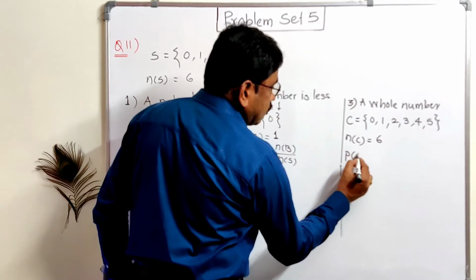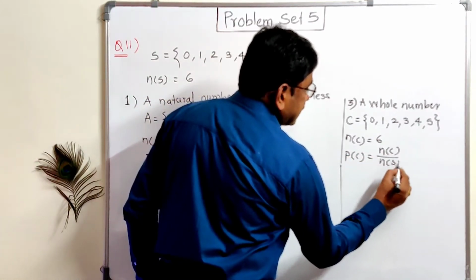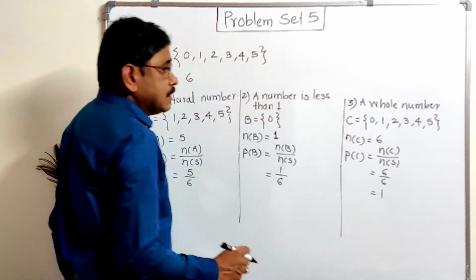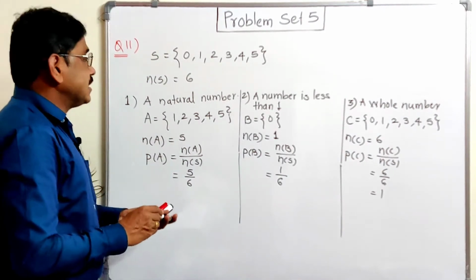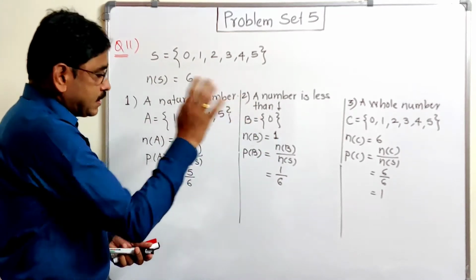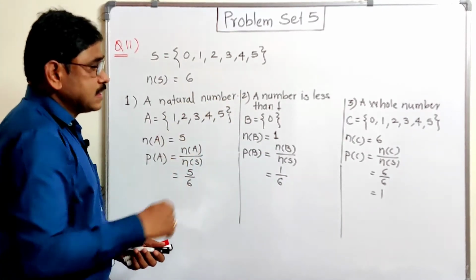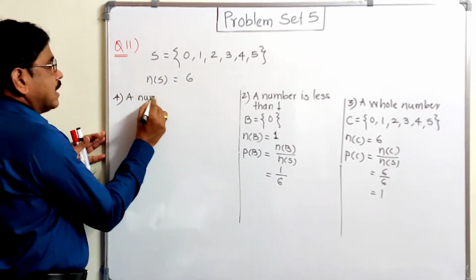Therefore probability of C is equal to n(C) divided by n(S) is equal to 6 divided by 6, which is equal to 1. So the probability that the number is a natural number is 5 by 6, the probability that the number is less than 1 is 1 by 6, and the probability that the number is a whole number is 1.